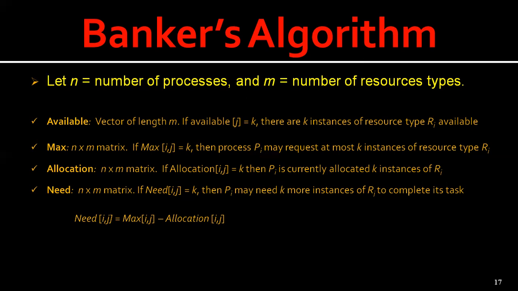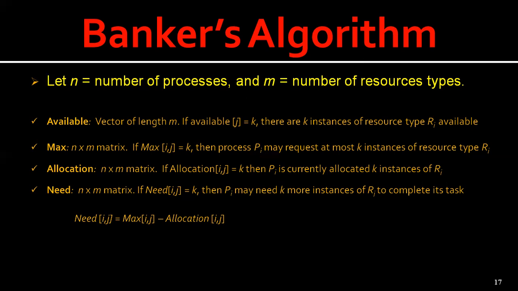To simplify the presentation of the Banker's algorithm, we have to establish some notations. Suppose x and y are vectors of length n. Then we say that x is less than or equal to y if and only if x[i] is less than or equal to y[i] for all i from 1 to n.